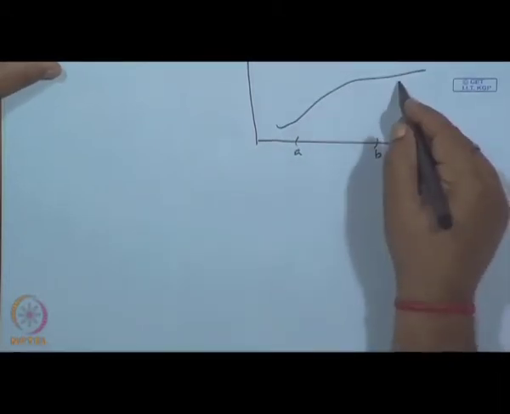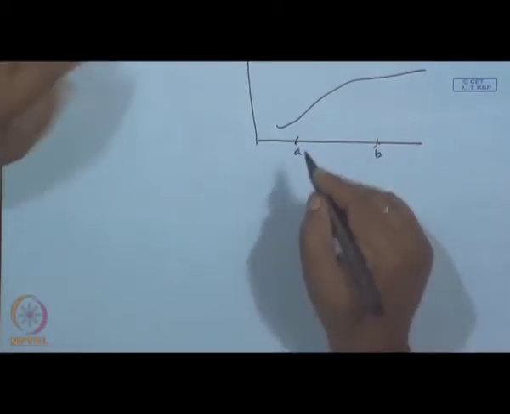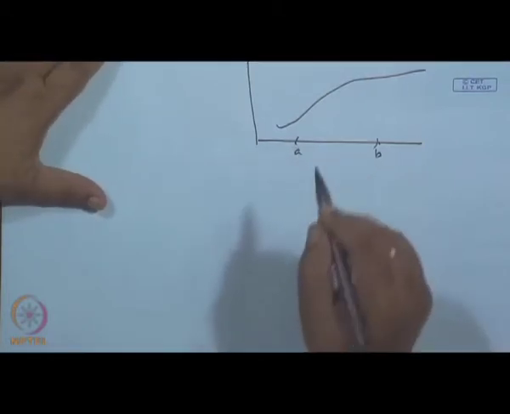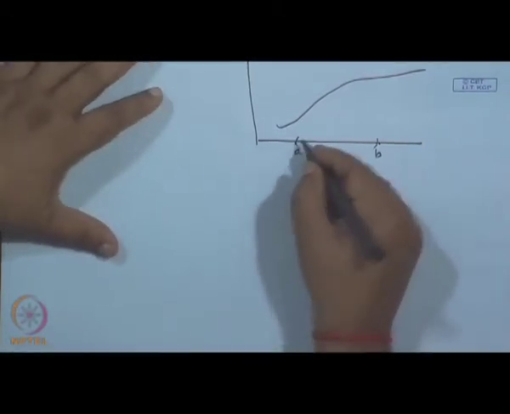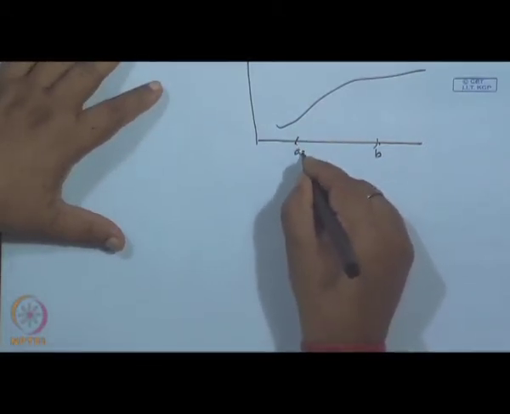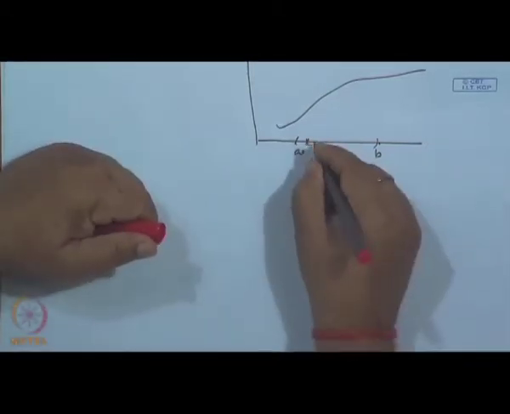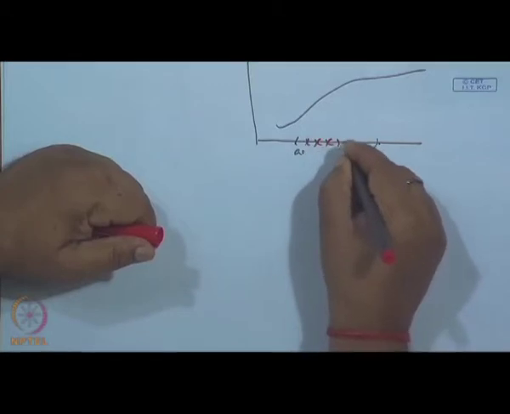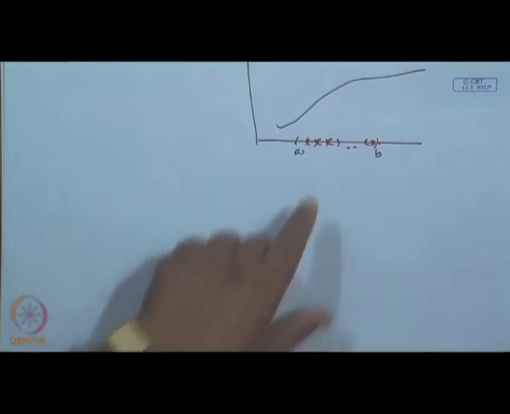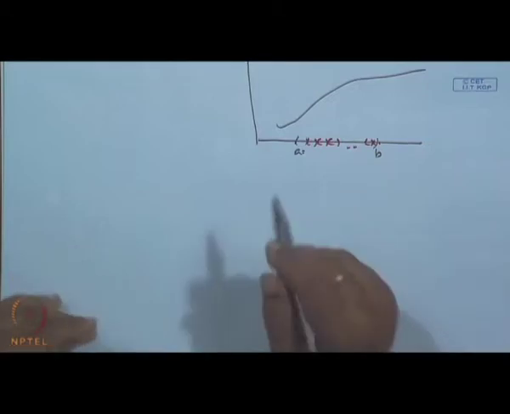We say this function is absolutely continuous in the interval a b if, for a given epsilon greater than 0, we take countable non-overlapping intervals whose total length is less than delta.